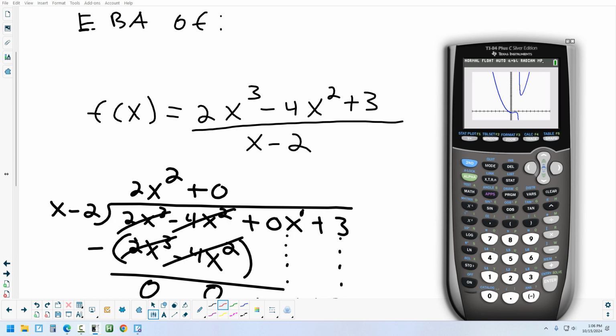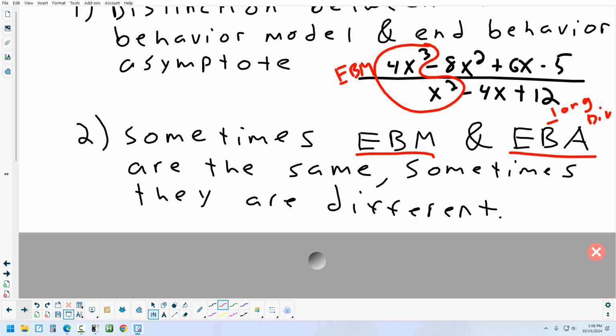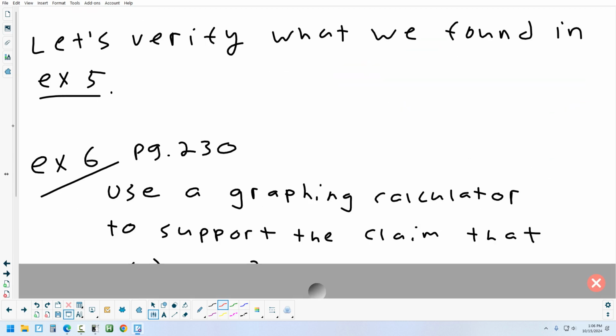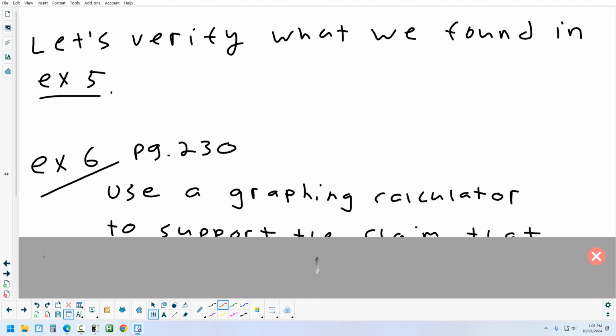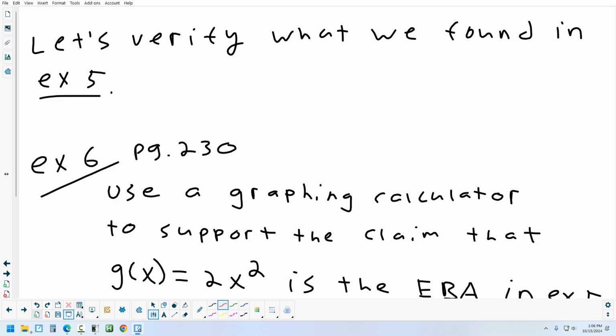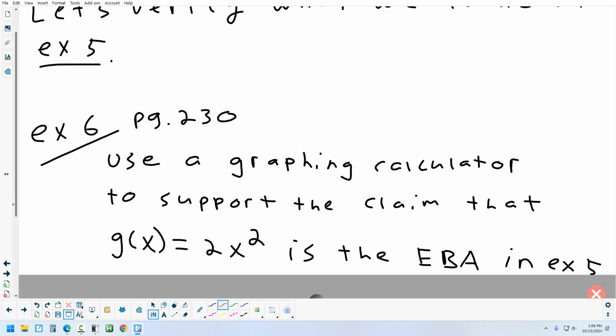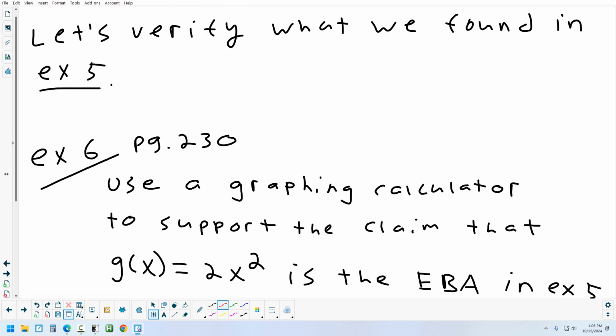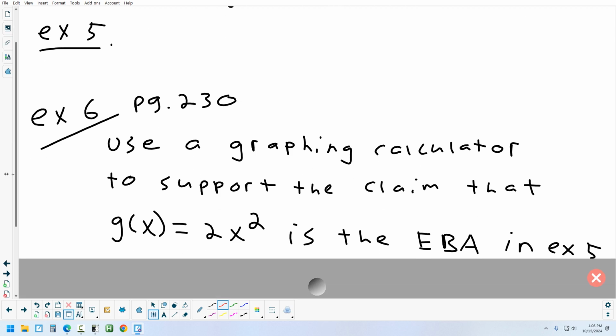Why does this matter? Why are we graphing it? I know we would solve and divide to find the quotient and the EBA. Right. So why would we graph it? We're going to prove that the EBA that we found actually works.